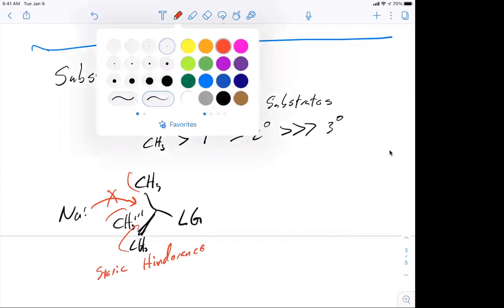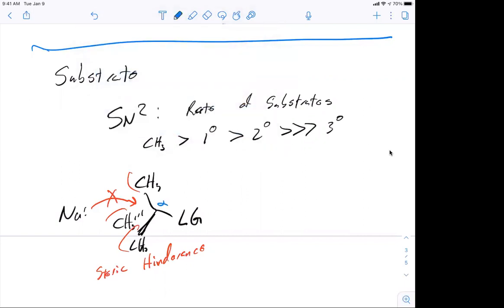So what's important is the sterics around this alpha position. You remember the alpha position is where our halide, or our leaving group, is attached.